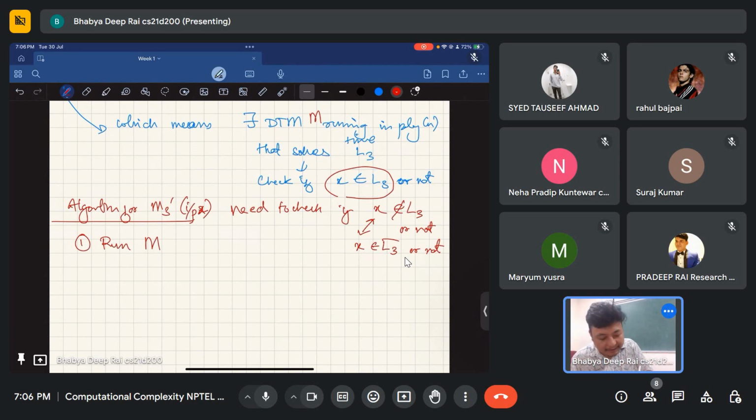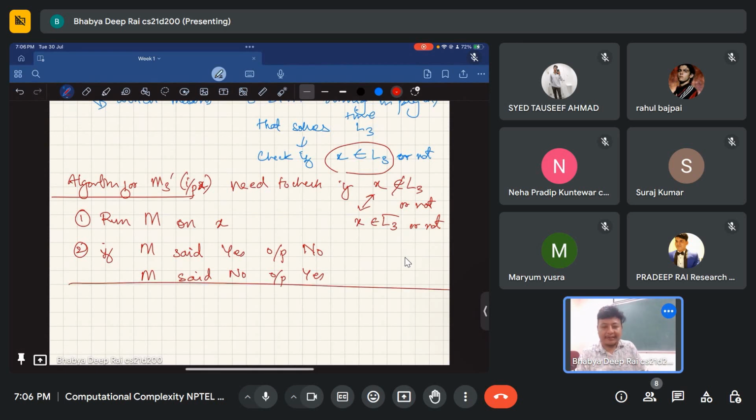Run M on X. If M said yes, then output no. If M said no, then output yes. Now I'll tell you why exactly. Here's the proof for this.